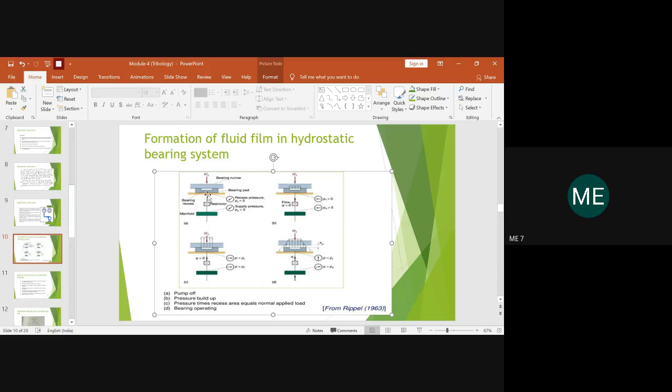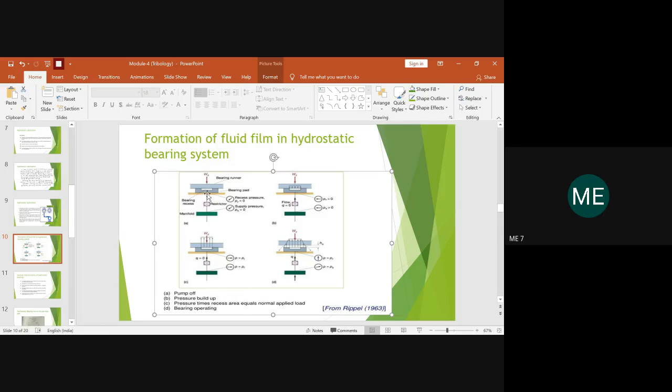So here you can see this is the initial position where the pump is off. Pump is off in the sense the required pressure is not being supplied, right? So the initial stage. You will be having a bearing runner here, and next to the bearing runner, you'll be having a bearing pad, right? In between this bearing runner and bearing pad, you'll be having a bearing recess. Here you'll be having a surface which supports the bearing pad.